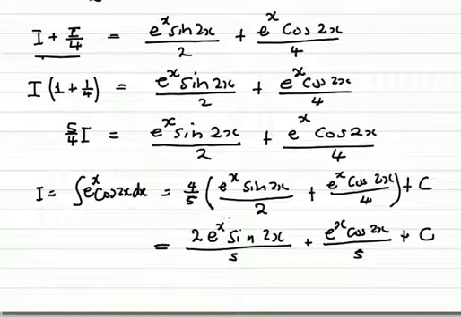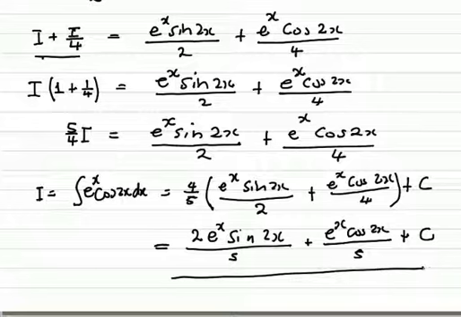This 2 here simplifies with this 2, and then you've got a 5 here. Now here 4 simplifies with that 4, you get a 5 there. Then that will be your answer to your integral.